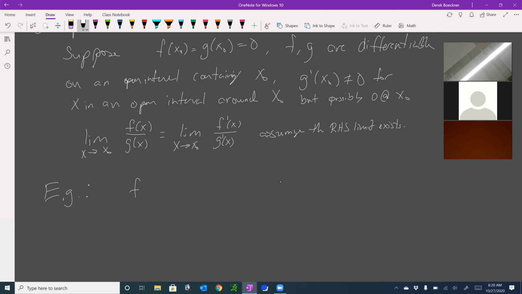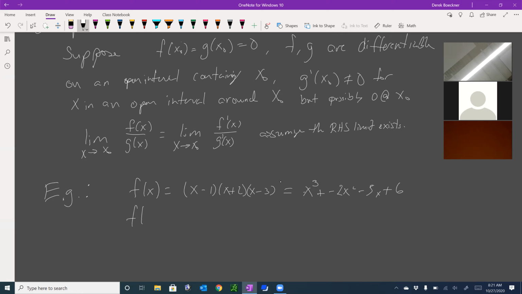So let's look at, say, f of x equals x minus 1, x plus 2, x minus 3, which is going to be x cubed minus 2x squared minus 5x plus 6.